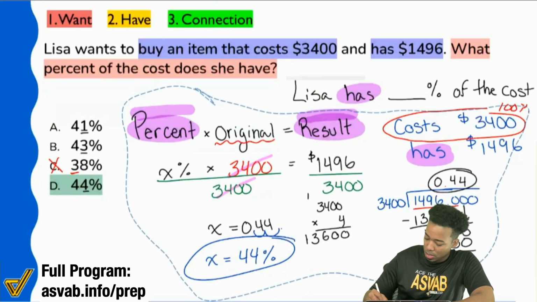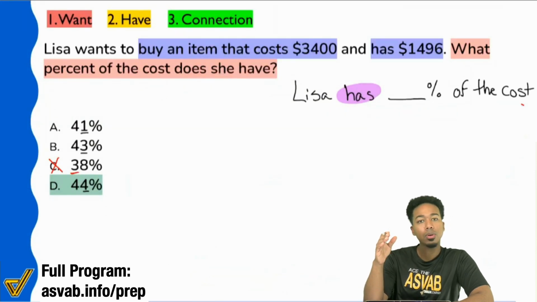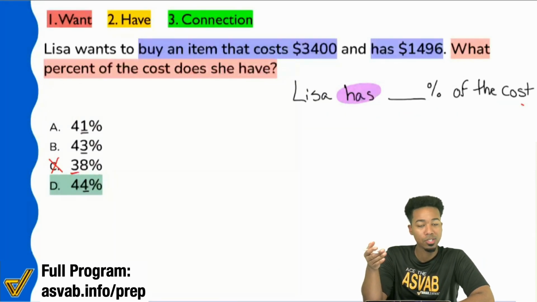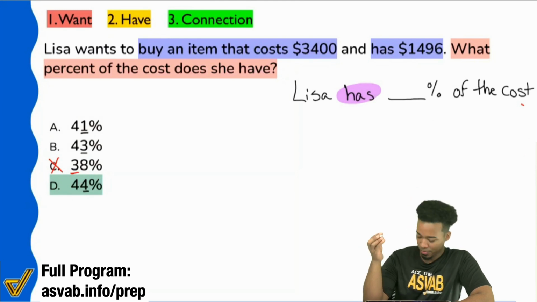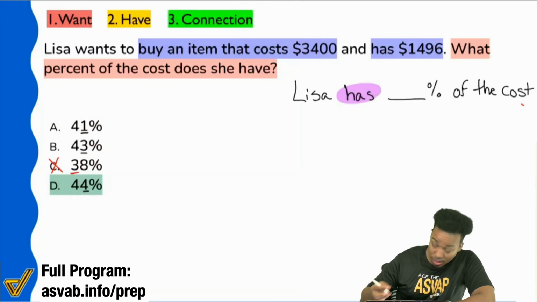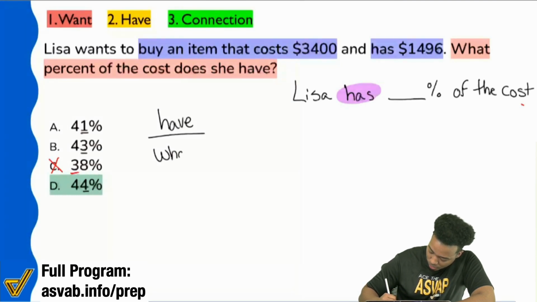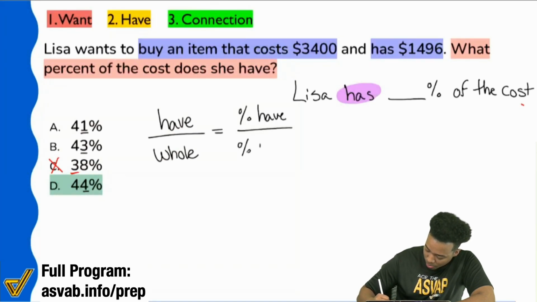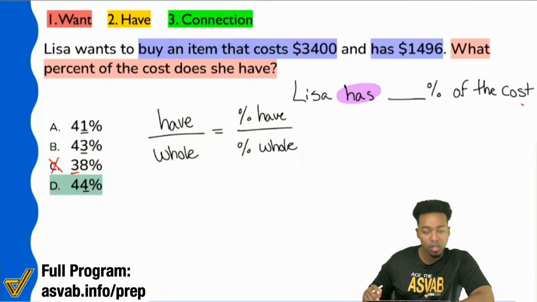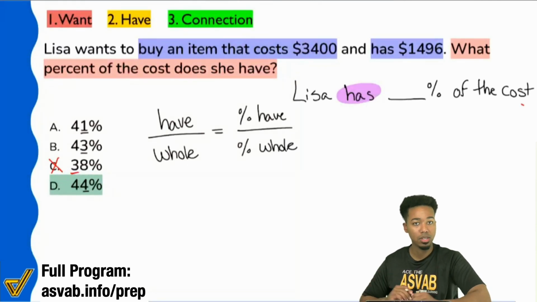So here's another way you can look at it. Everybody, in case you didn't know again, remember that percents are proportions. Here's what we can do. We can go ahead and say this. What we have out of the whole equals the percent that we have out of the percent that represents the whole. And look at how smooth this can be, everyone.